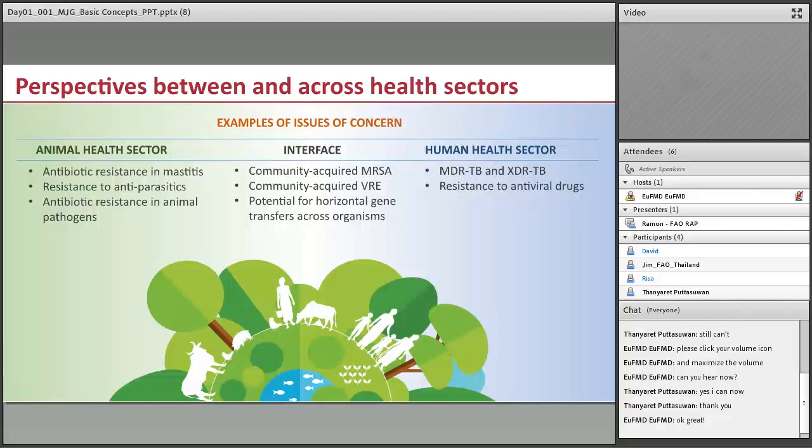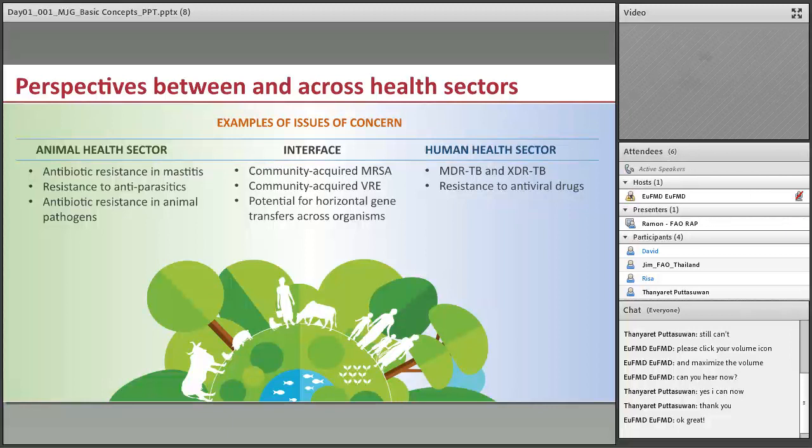And then in terms of examples of issues of concern, for the animal health sector, there are more issues that are specific to the veterinary sector. And then there are human health sector specific issues. For example, multiple drug resistant and extremely drug resistant tuberculosis is a specific issue in the human sector, because the cell wall of mycobacteria is so thick that even genetic transfer will probably not happen. So it's specific to them.